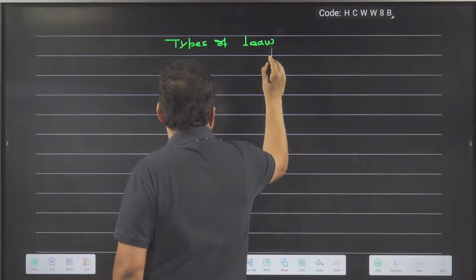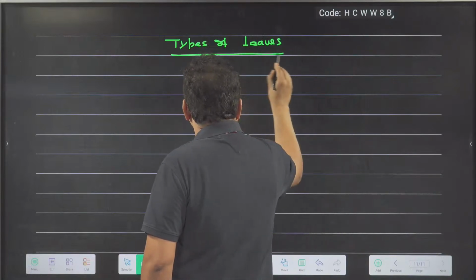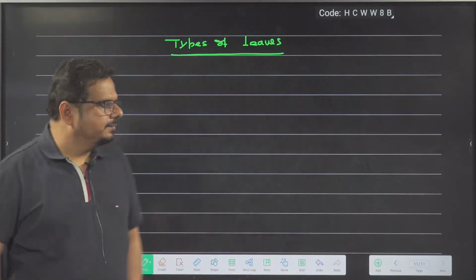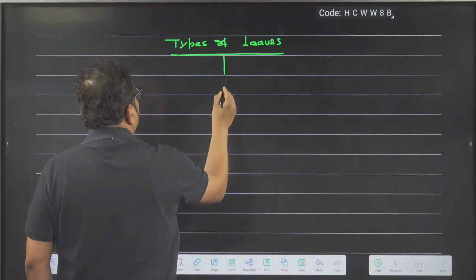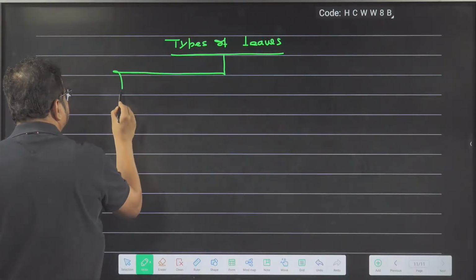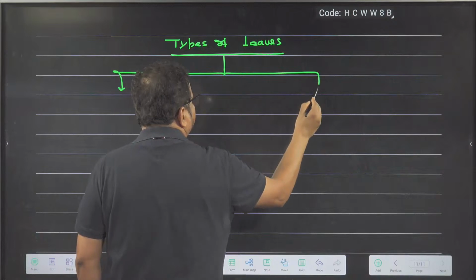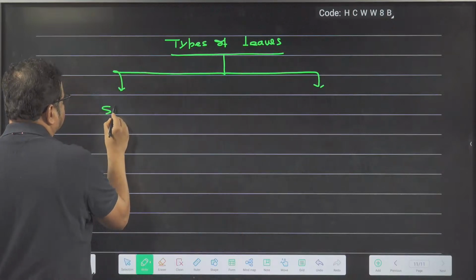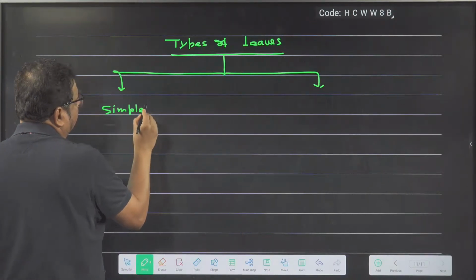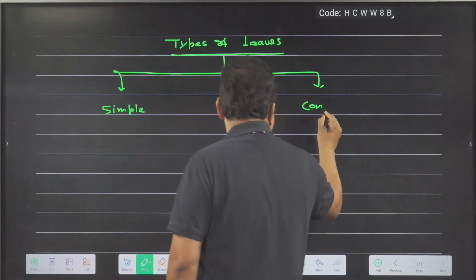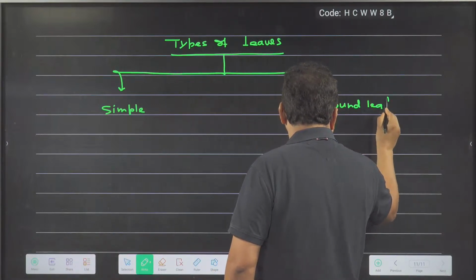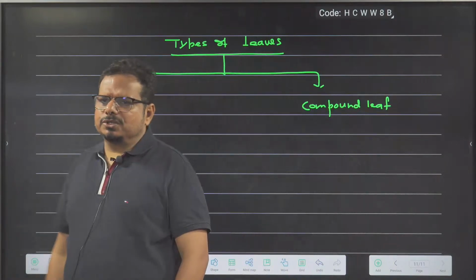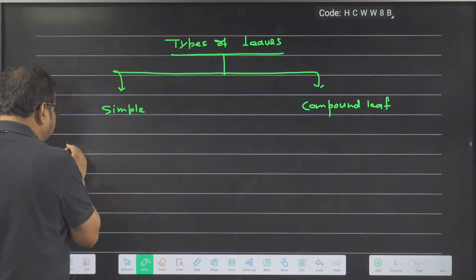Type of leaves. If you talk about the type of leaf, there are two types of leaf we are finding. One is simple leaf and another one is compound leaf. If we talk about simple leaf, what is the definition?